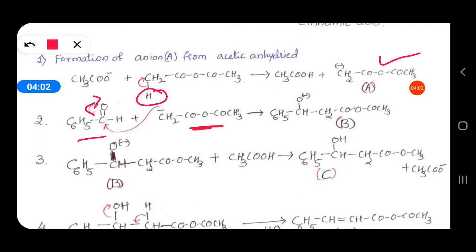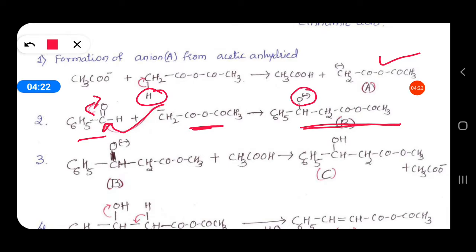So that oxygen becomes minus, C is plus. To that, this nucleophile, that is anion A, will be reacting. So it forms a new C bond. So it forms another anion, that is anion B.